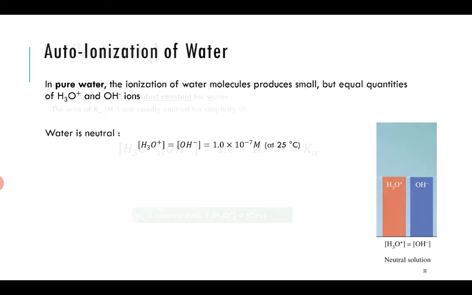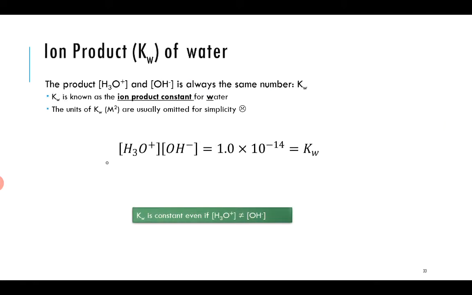So 1 times 10 to the minus 7th times 1 times 10 to the minus 7th is equal to 1 times 10 to the minus 14. And this is a constant. No matter what H3O plus is or what OH minus is, this number is constant.